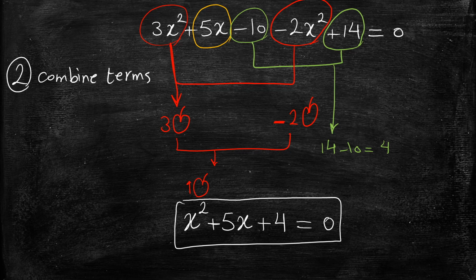We have this equation that has 3 terms on the left hand side. One is x squared, so the power of the unknown is 2. Another term is 5x, so the power of the unknown is 1. And then just a number, with no unknown involved.